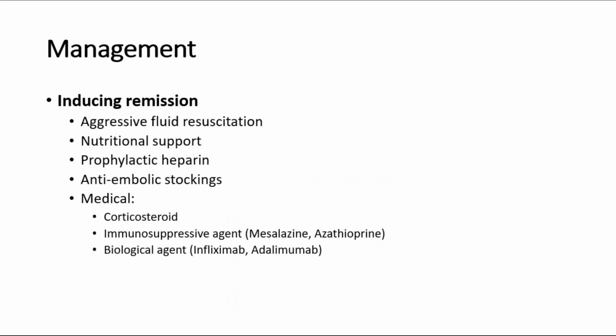For management, first to induce remission, give aggressive fluid resuscitation, nutritional support, prophylactic heparin, and anti-embolic stockings, due to the prothrombotic state of flares. Medical treatments include corticosteroids, immunosuppressive agents like mesalazine and azathioprine, and biological agents like infliximab and adalimumab.